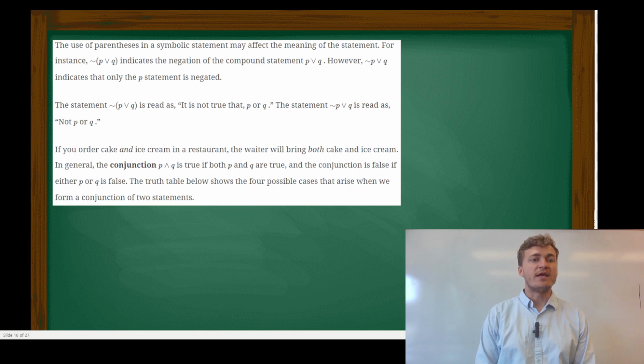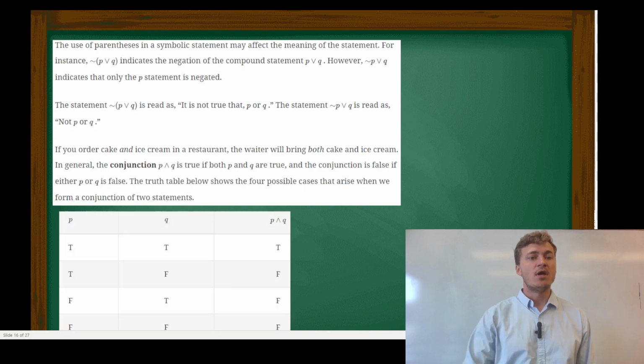If you order cake and ice cream in a restaurant, the waiter will bring both cake and ice cream. In general, the conjunction P and Q is true if both P and Q are true, and the conjunction is false if either P or Q is false. The truth table below shows the 4 possible cases that arise when we form a conjunction of 2 statements. If both statements are true, then the conjunction is true.